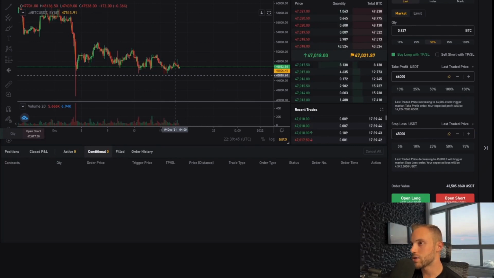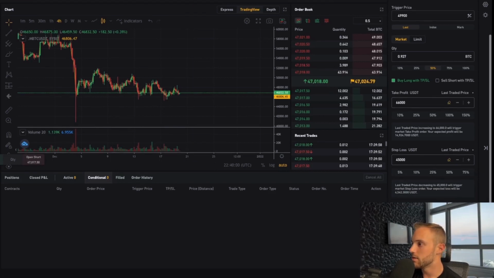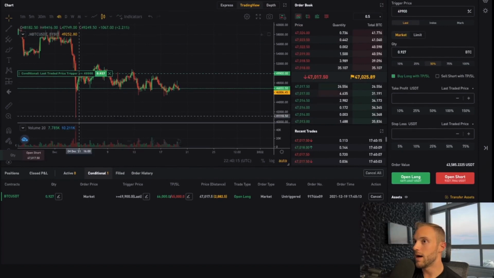I would want to be out of this trade if price broke above 49,900, hit that, came back down and went past this previous swing low at 45,000. I would want to be out of the trade. I'm completely fine losing. So I would lose 4,500 bucks. So I'm risking $4,500 to potentially make $14,924. Okay, then I would hit open long, and you'll see I am not actually in the trade.